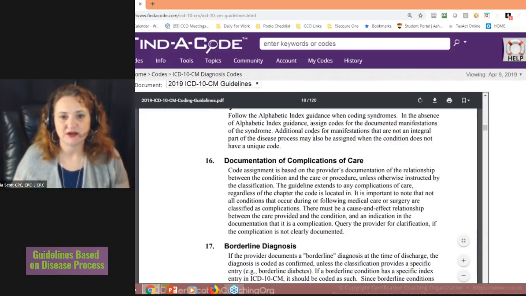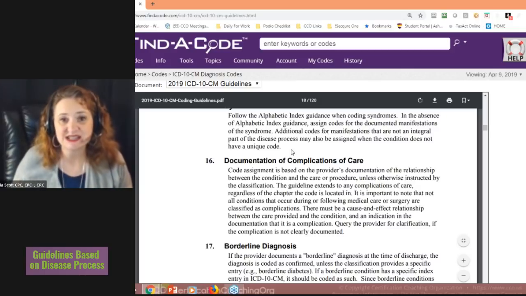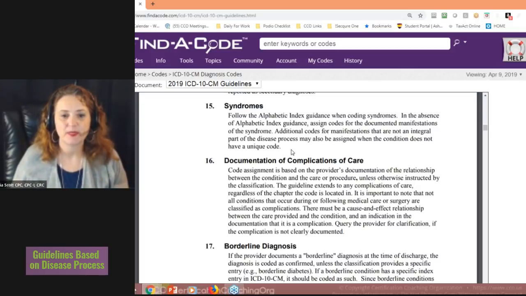So right here, an additional code might need to be used. They're not an integral part of the disease process, but may also be assigned when the condition does not have a unique code. So that's all part of the disease process. We have to understand it.